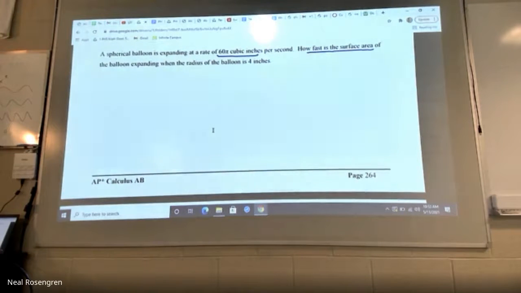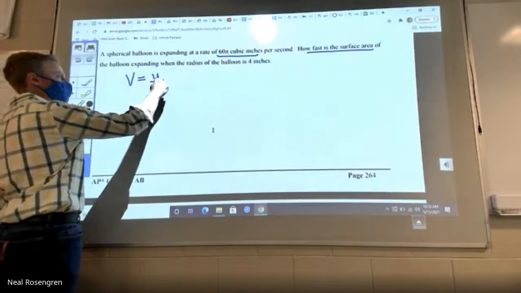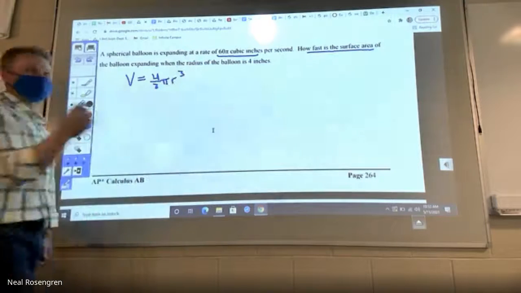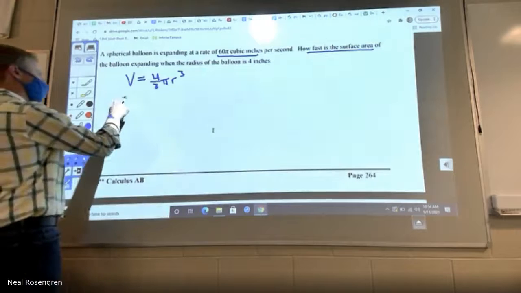If we can find dr/dt, we can use it. And since we know this, right, 4/3 pi r cubed, we can differentiate that, solve for dr/dt, and use that in our dS/dt. Ooh, that's a good one. I like that.